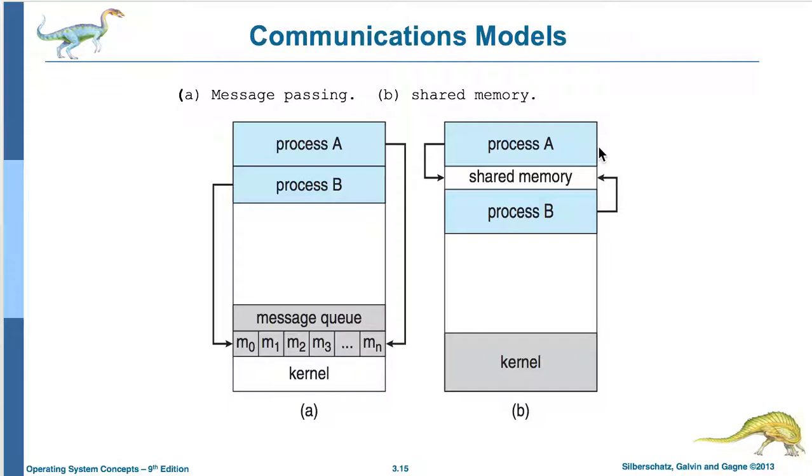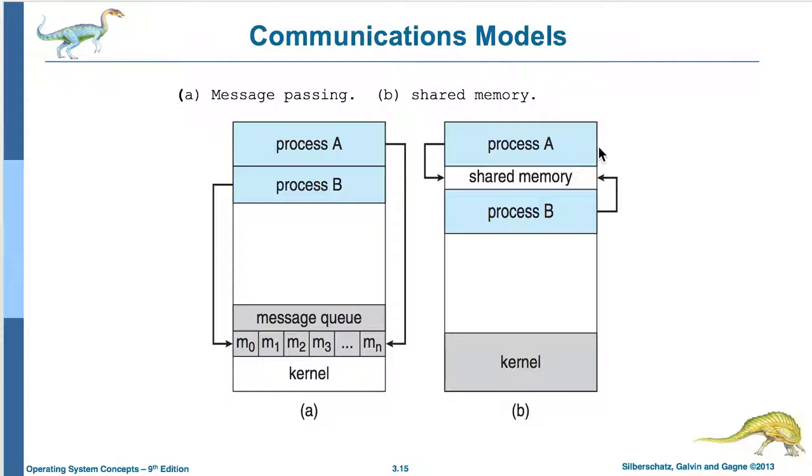In the shared memory model for inter-process communication, you have two cooperating processes that set up a shared region of memory, wherein both of them have access to this shared region. Again, this is not available by default for processes, but in this case, both of them agree to share a region of memory.